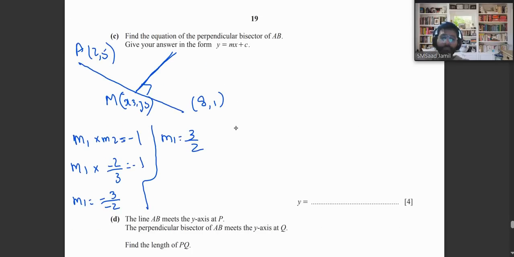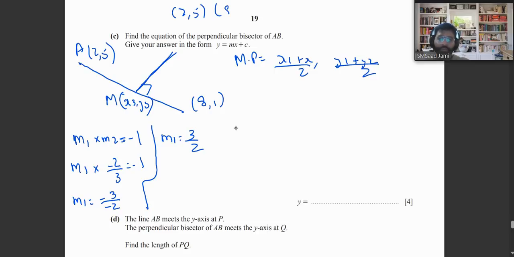Now we have to find the midpoint. The formula for the midpoint is (x1 plus x2 upon 2, y1 plus y2 upon 2). So again, make your life easy, mention down all things: x1, y1, x2, y2.